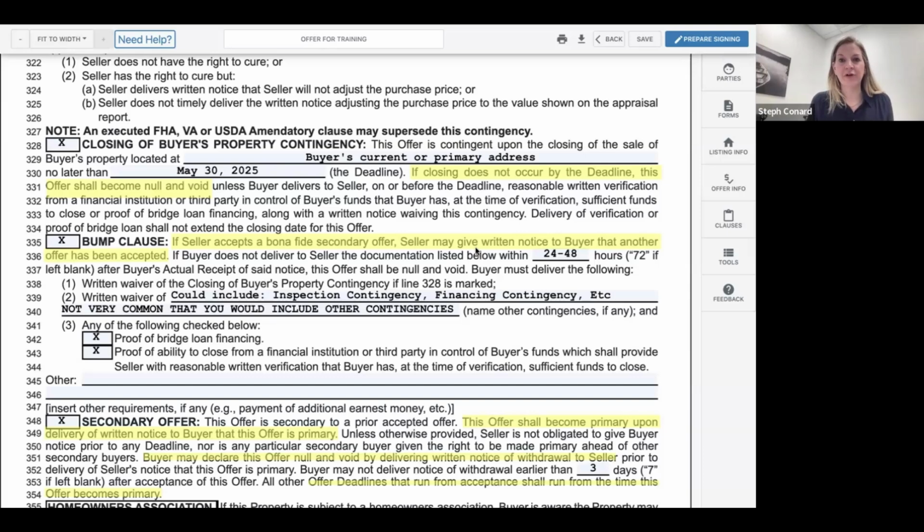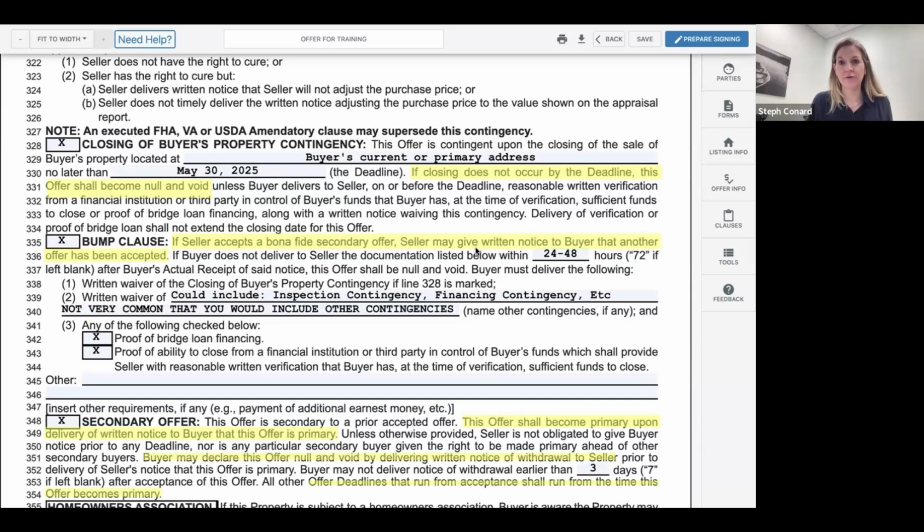We've got a lot of equity built up in our homes, and we're using that equity as a down payment to move on to our next purchase. So what a lot of times people need to do is include this closing of a buyer's property contingency in our offer, and make this offer contingent upon the successful closing of their current residence.